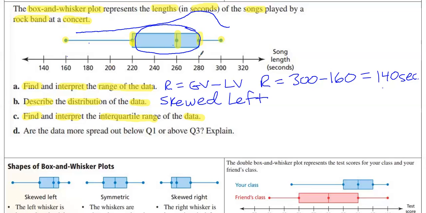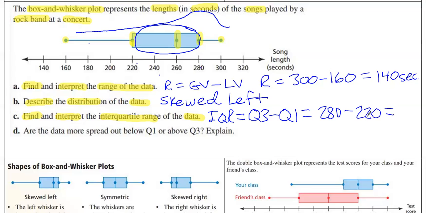So IQR is equal to Q3 minus Q1, which in this case would be 280 minus 220, and you get 60 seconds.